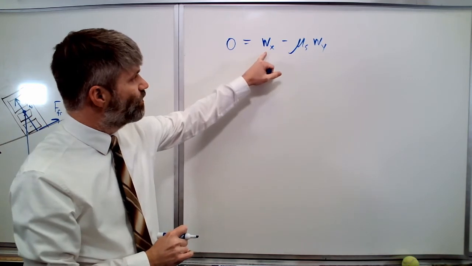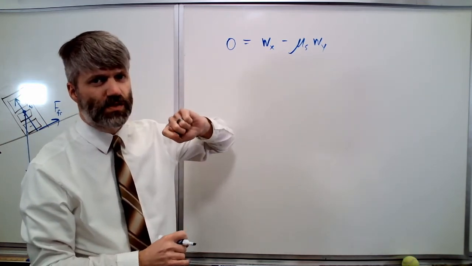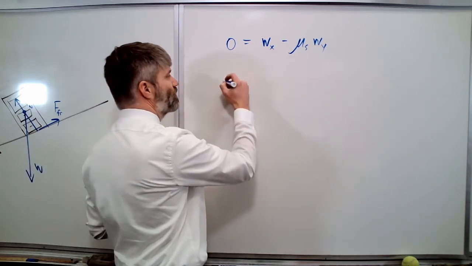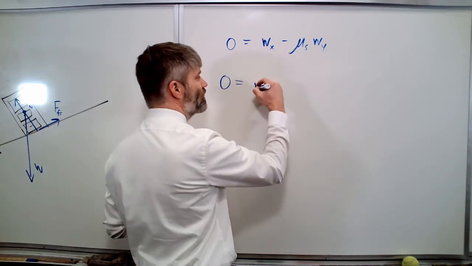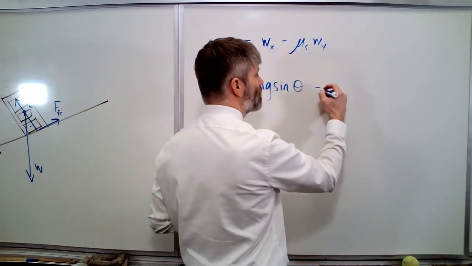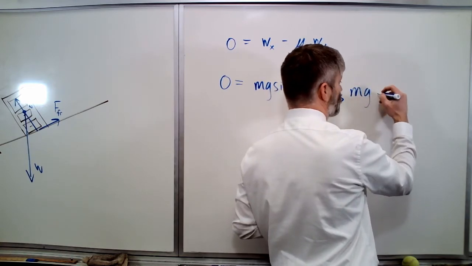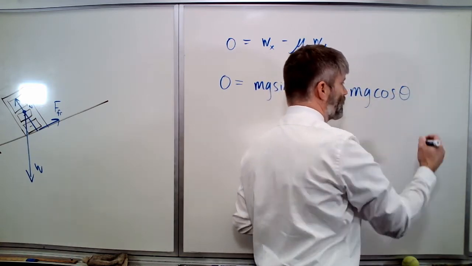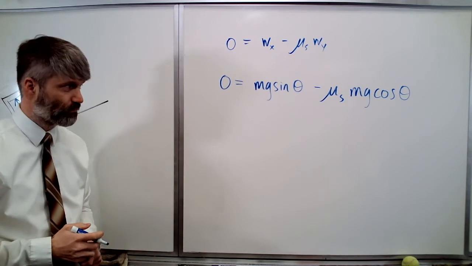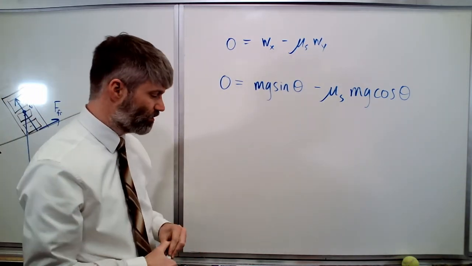Because we're looking for the angle here, I'm going to go 0 is equal to mg sine of theta minus mu s mg cosine of theta. Now we should see something pretty interesting right away.